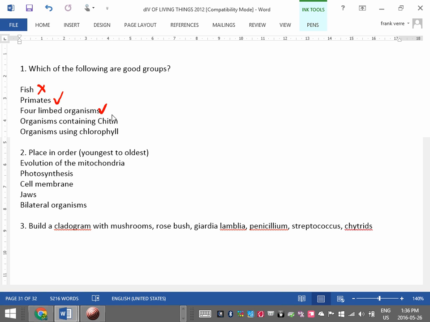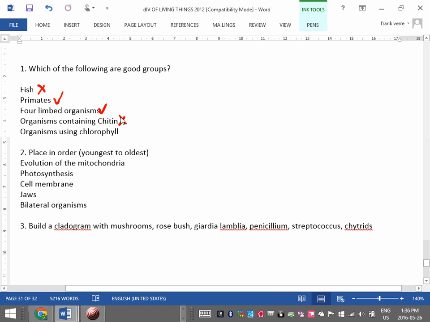So, what do you think? Is that a good group? It isn't, because fungi have chitin, grasshoppers have chitin, we don't, but we're more like grasshoppers, and grasshoppers are more like us because we're both animals, right? So this is not a good group.